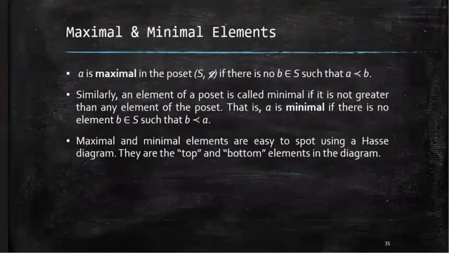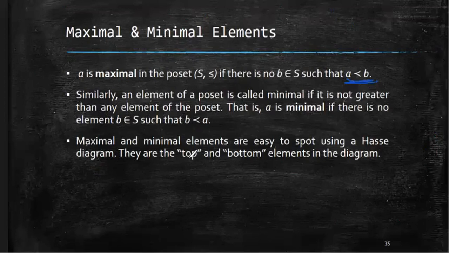A is maximal in the poset S, denoted by lesser than or equal to symbol, if there is no B belonging to S such that A is lesser than B. Similarly, an element of a poset is called minimal if it is not greater than any element of the poset, that is, A is minimal if there is no element B such that B is lesser than A. And maximal and minimal elements are easy to spot using a Hasse diagram. They are the top and bottom elements in the diagram.